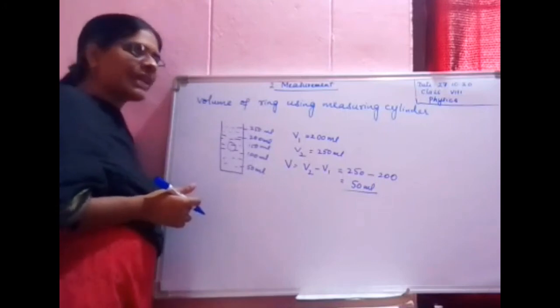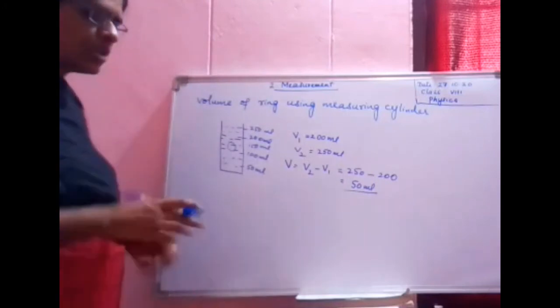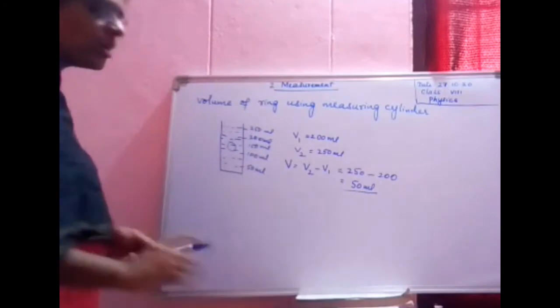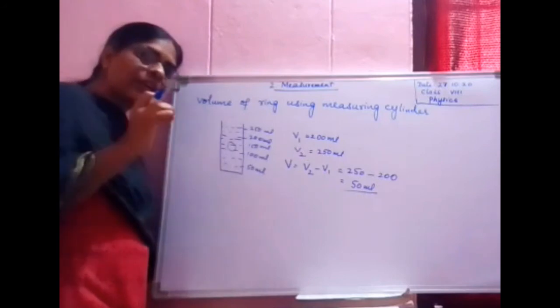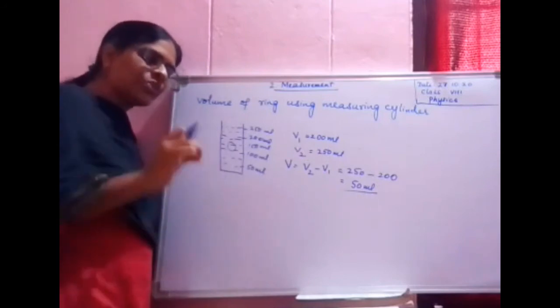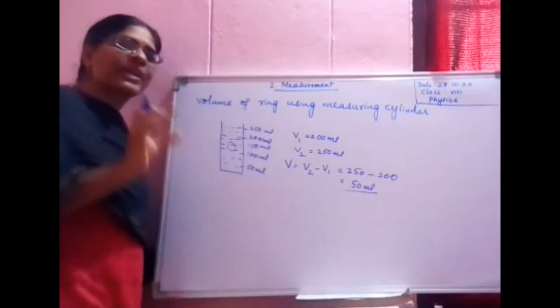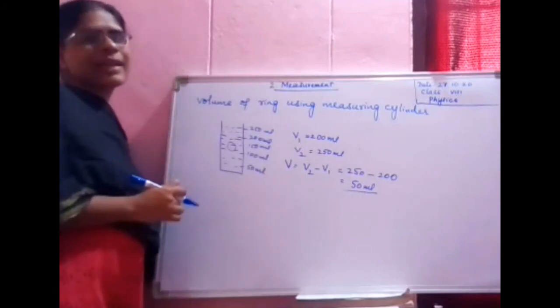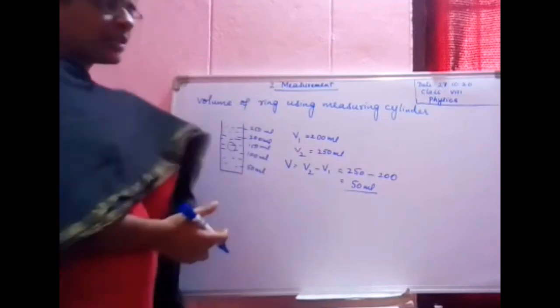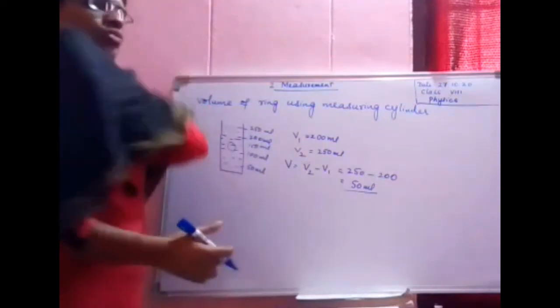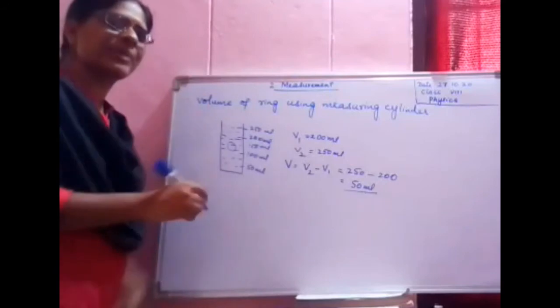Now look at your activity 2. The aim is to find the volume of a gold ring using a graduated cylinder. Graduated cylinder means measuring cylinder. Now the same thing. What are the requirements there?